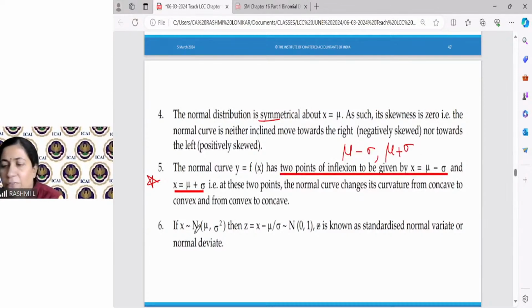And then if X is N of mu and sigma square, then Z, which is equal to (x minus mu) upon sigma, is N of 0, 1, known as the standardized normal variate or normal deviate. Variate bolo ya deviate bolo. Okay. So all these 6 points that we have studied are applicable, like you can get questions in your theory.